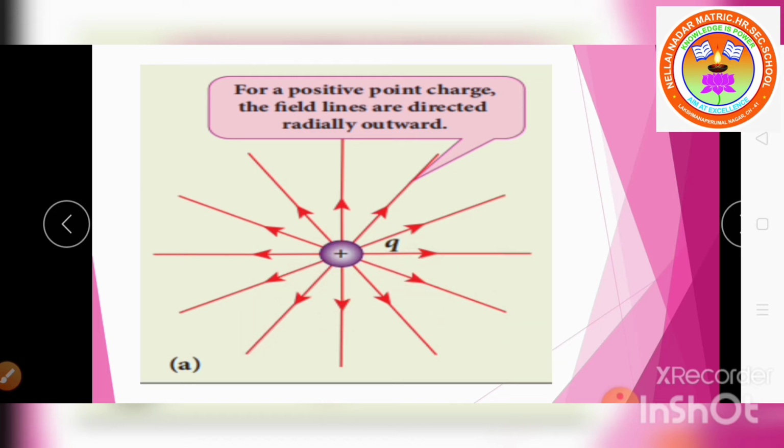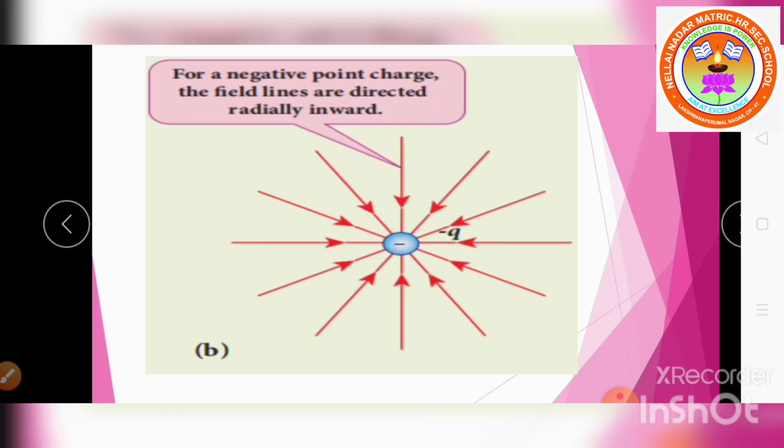So for a positive point charge, the field lines are directed radially outward. If you take the negative charge, you all know that the electric field lines are directed inward.